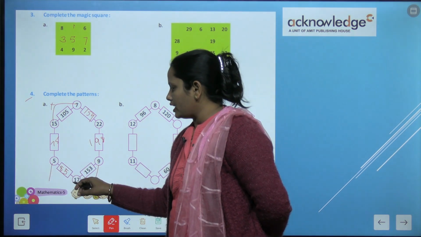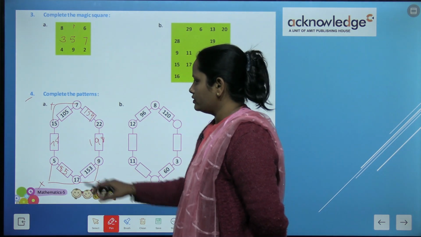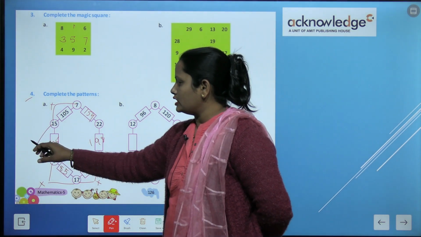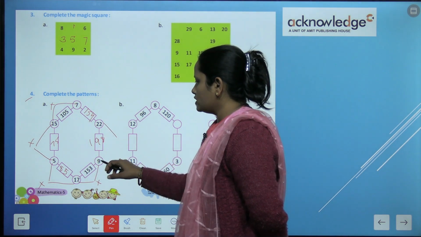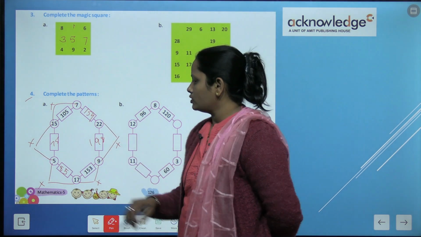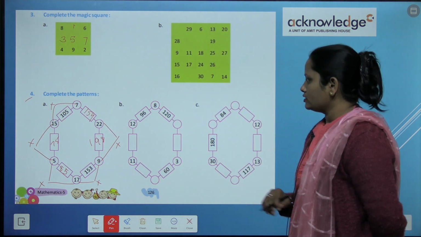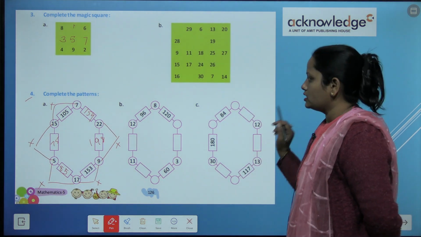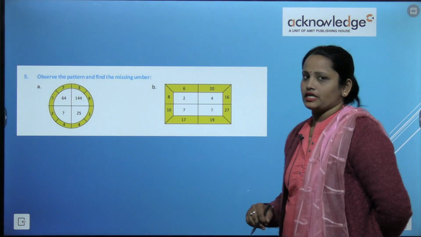Similarly, let's multiply 5 and 17, so we got 85. 5 multiply 15, we got 75. 22 multiply 9, we got 198. So similarly children, you have to find out the pattern that is here and then complete the given space.